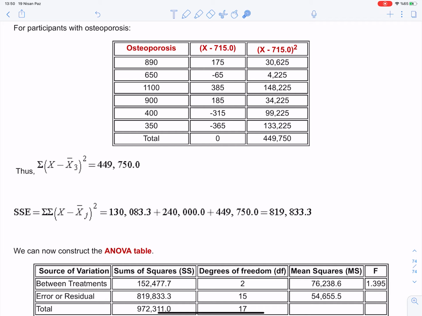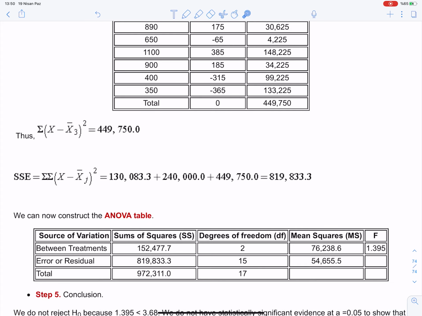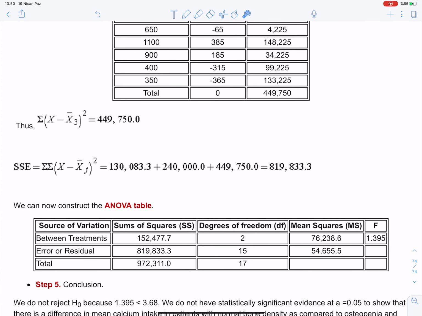Adding all this up, you end up with 819,833.3. That's the sum of squares of the errors. So this is placed in here. This is the error residual sum of squares.